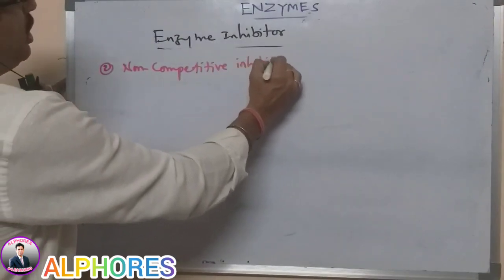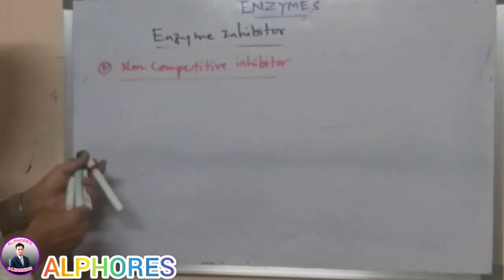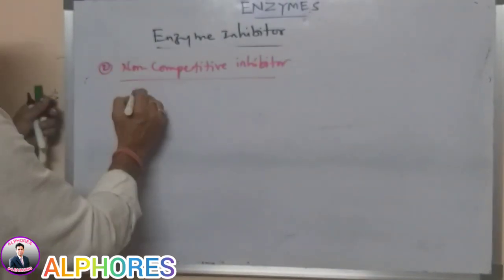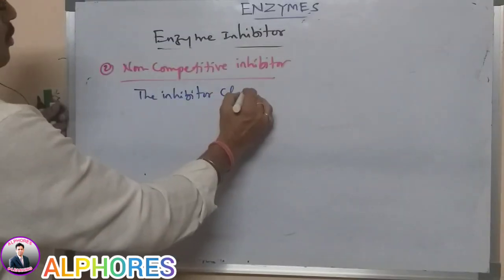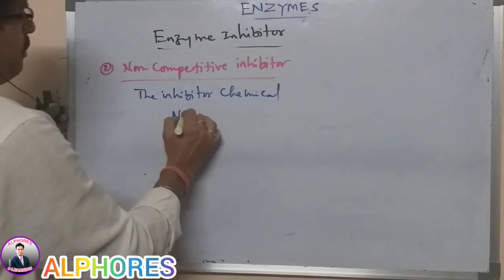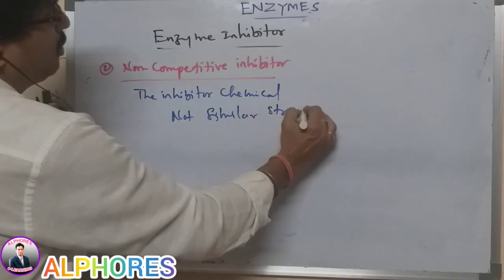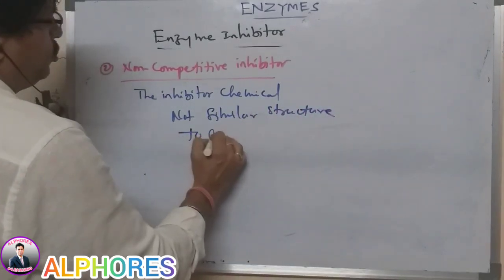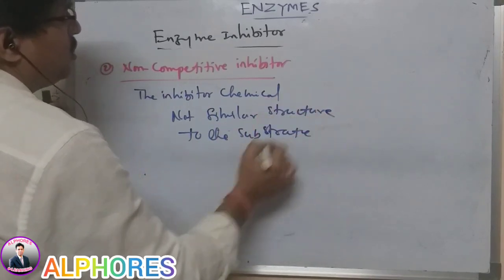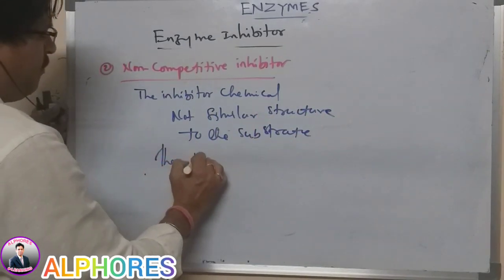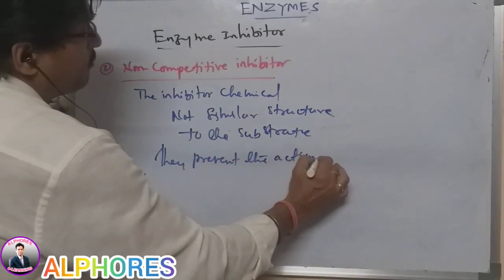inhibitor, here we see that the inhibitor chemical is not similar in structure to the substrate, but it prevents the action of the enzyme.